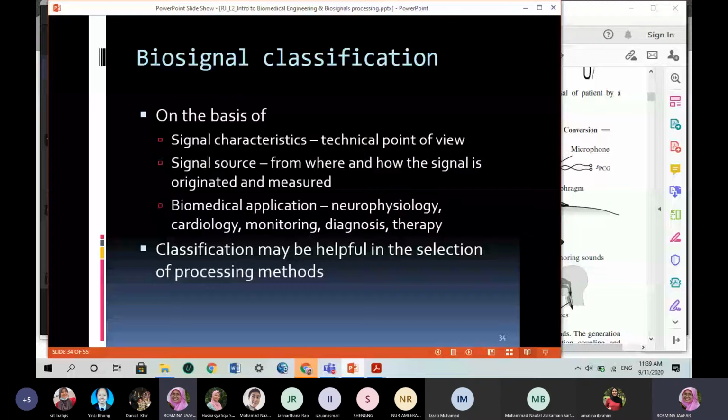If you go by signal characteristics, this is based on the technical point of view only. If you go by signal source, it is from looking at the source of the signals and how the signal originated and how it is measured.